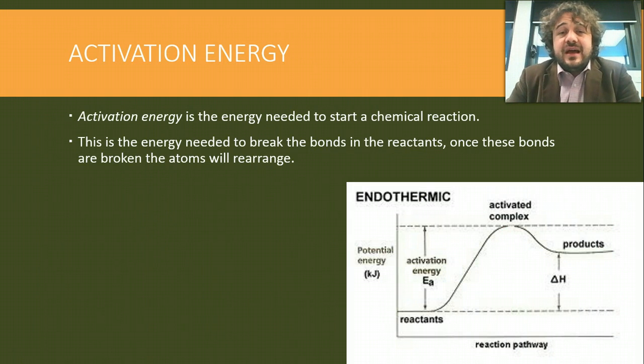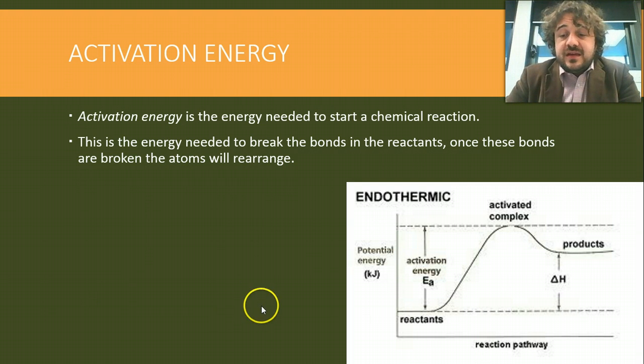Okay, so activation energy. Basically, to start a reaction, you need to put some energy in to break the stable bonds. So you need to put energy into nearly every reaction to start it. This is called the activation energy.